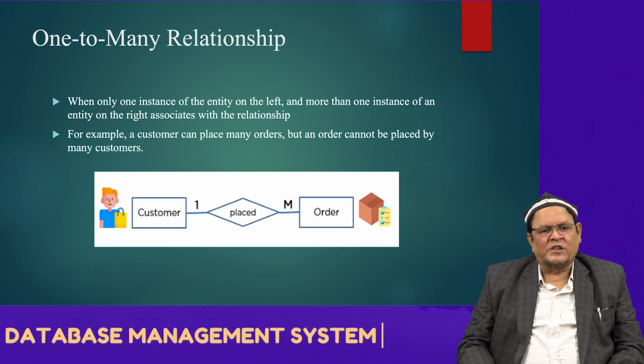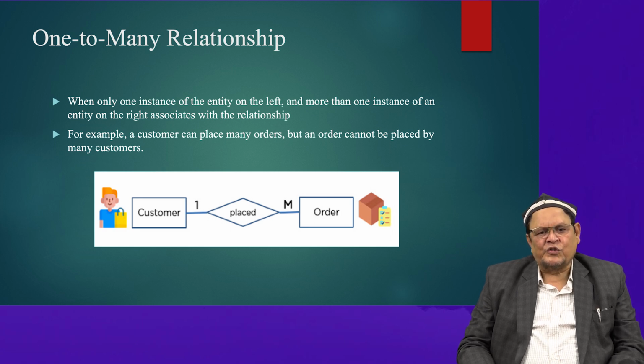In an entity relationship diagram, a one-to-many relationship signifies a connection where one instance of an entity type is associated with multiple instances of another entity type, but each instance of the second entity type is associated with only one instance of the first entity type.